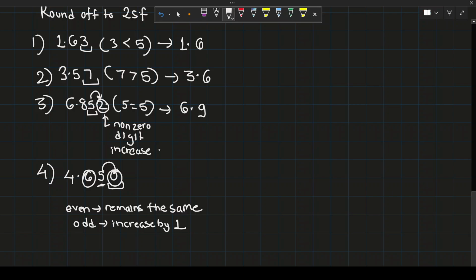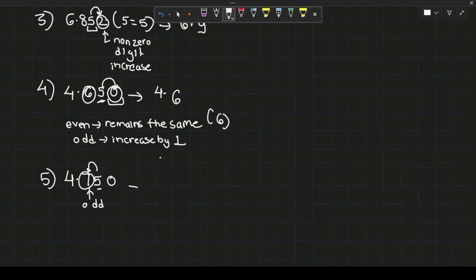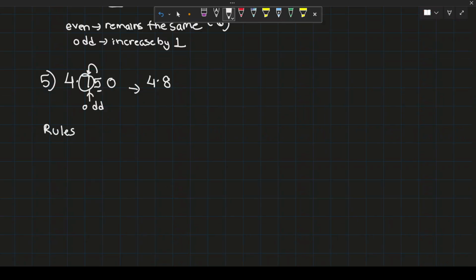In this case, 6 being an even number, it will be rounded off to 4.6 itself. Let's say if you would have taken a number like 4.750. As you can see, the number before 5 is an odd number, therefore it will be rounded off to 4.8.